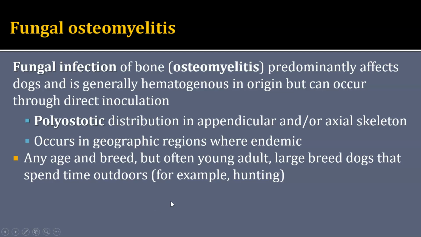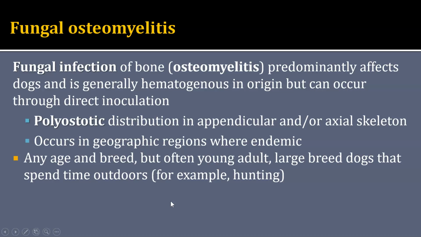Fungal osteomyelitis, especially when it's hematogenous, oftentimes has a polyostotic distribution in the appendicular and potentially the axial skeleton. It occurs in geographic regions where fungal infection is endemic. So in the Midwest and Southeast, it's typically with blastomycosis. And in the Southwest and West, it's typically with coccidioidomycosis.